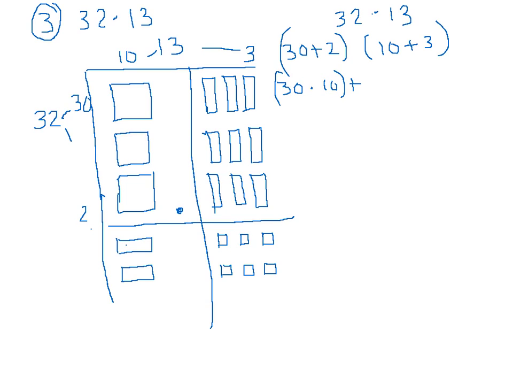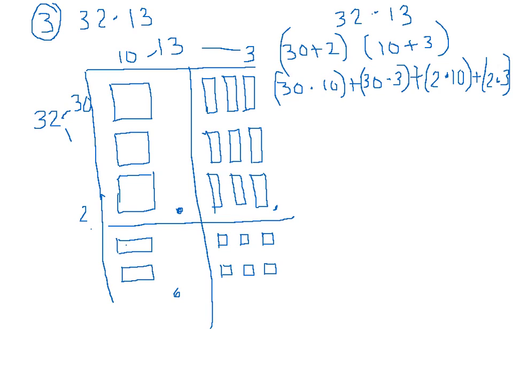And then I have 30 rows in this array of 3. And then in this array, it's 2 rows of 10. And finally, we have 2 rows of 3.